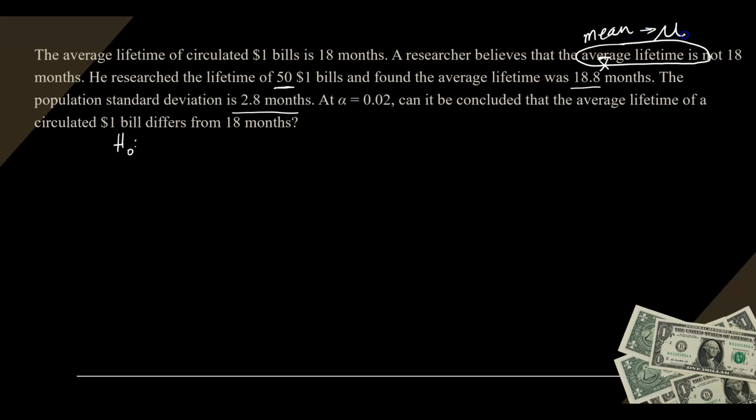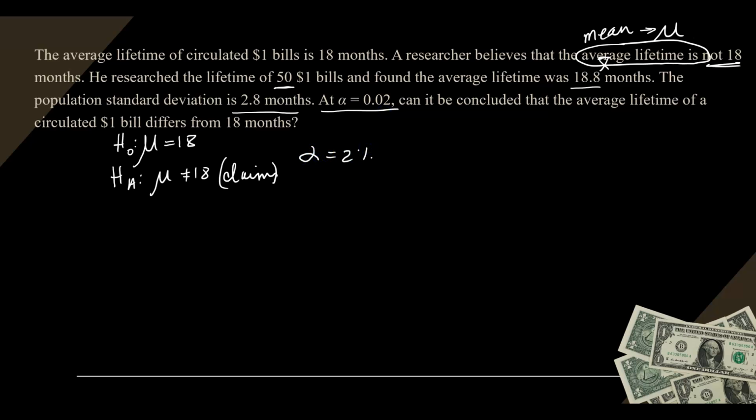When we're talking about the mean, this is mu. So mu is 18 months. My alternative is that mu is not 18 months. The researcher believes that the average time is not 18 months. That is my claim here. And my alpha is 2%.